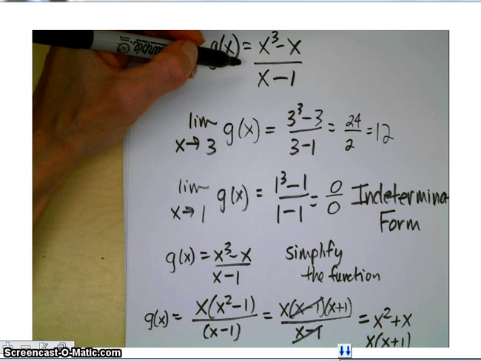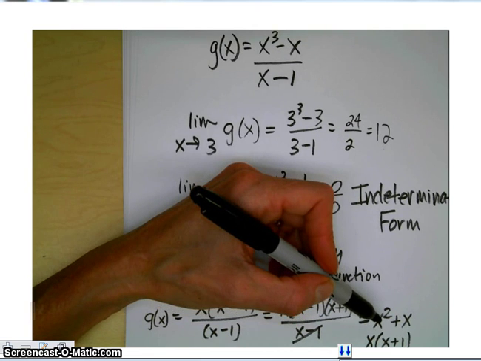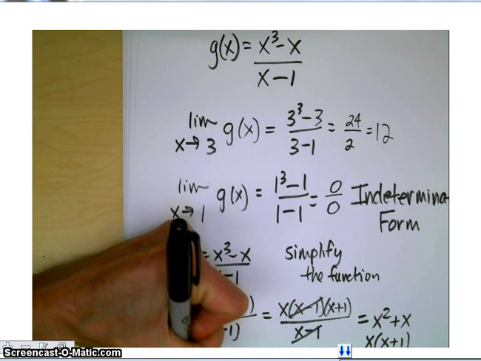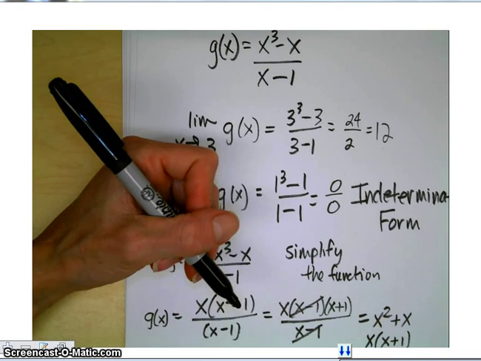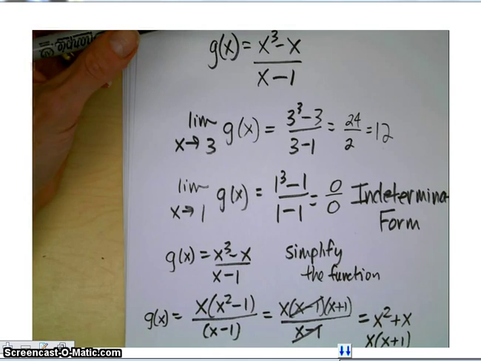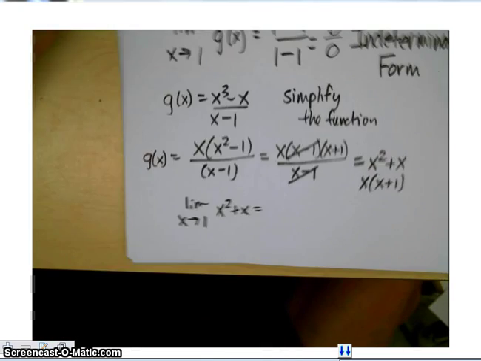Yeah. Okay. So now that I have a function that's nicer, easier on the eyes, let's try finding the limit as x goes to 1 of this function, x squared plus x. What are you going to get for your limit now? 2. You're now going to get 2.